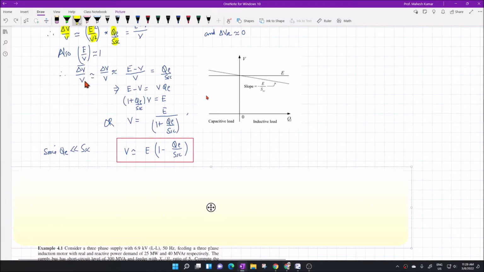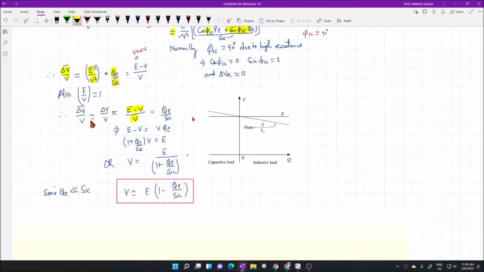So delta B by B becomes E minus B by B, which is equal to QL by SSC, because this is 1. So it becomes 1 plus QL by SSC into B equals E, and B equals E by 1 plus QL by SSC.